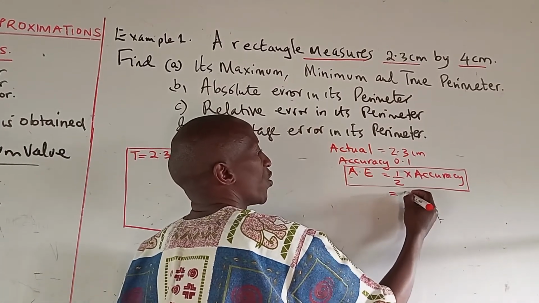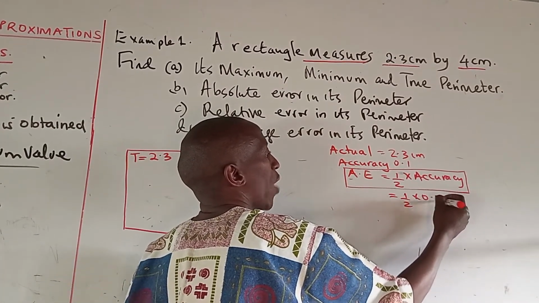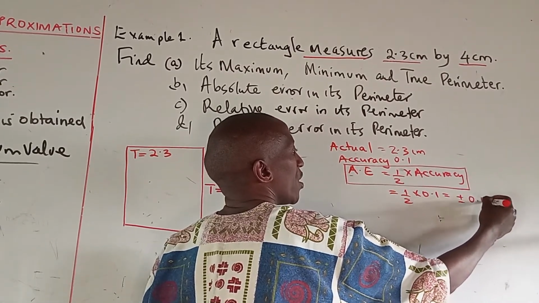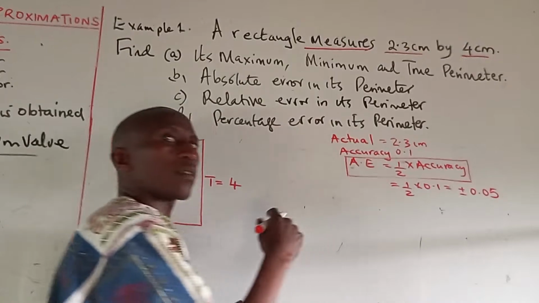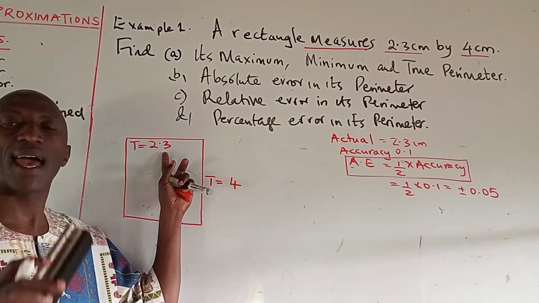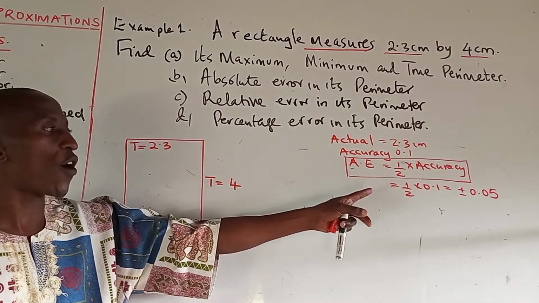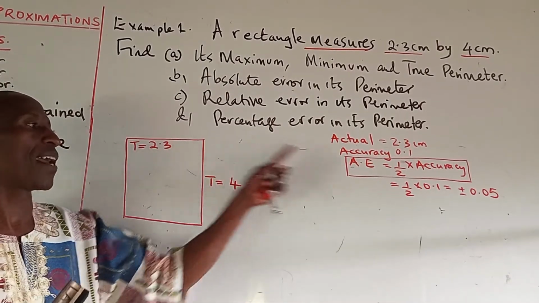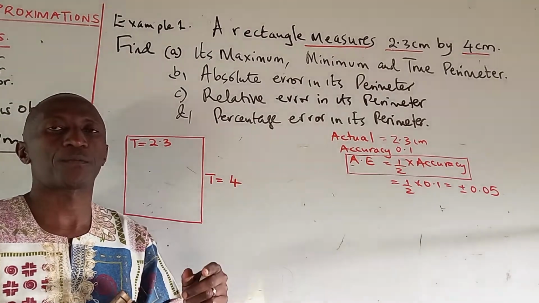And that way, it is going to be a half of 0.1, and that gives you plus or minus 0.05. That means this measurement can either be higher by 0.05 or lower by 0.05.